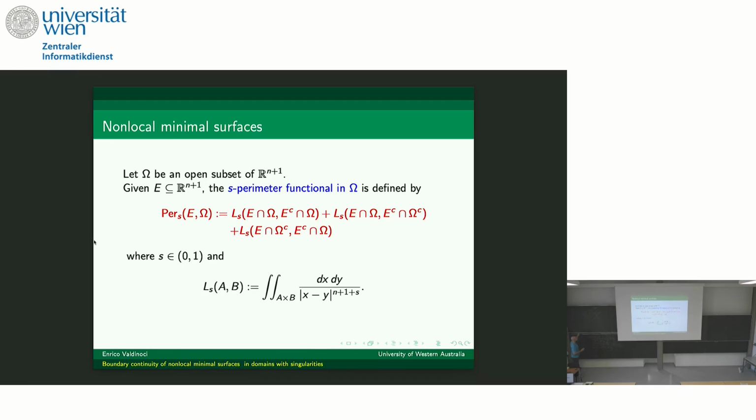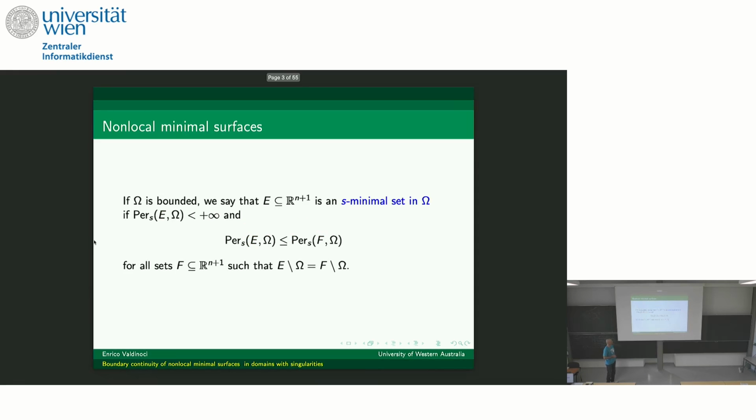the problem. And of course, the interaction can be kind of general, but the simplest possibility is to consider an interaction between two disjoint sets A and B, which is just translation invariant, rotational invariant, and homogeneous, in which case one is forced to take 1 over |x minus y| to the n plus 1 plus s.